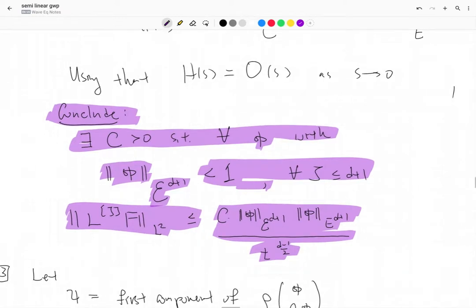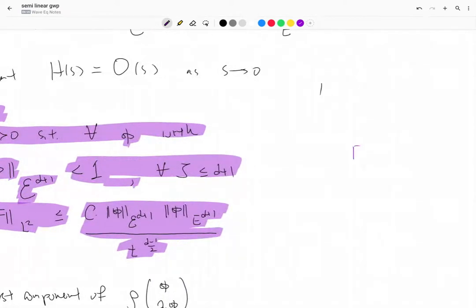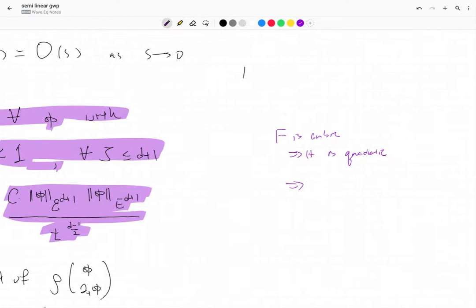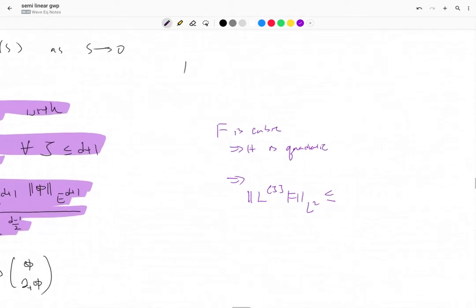So in a quadratic case, if f is cubic, that implies h is quadratic. Going back to this expression, we have a slightly refined argument where Ljf measured in L2 is going to be bounded by c multiplied by, now I'm going to move by phi, but since it's going to be quadratic, I can put this in d plus 1 squared.